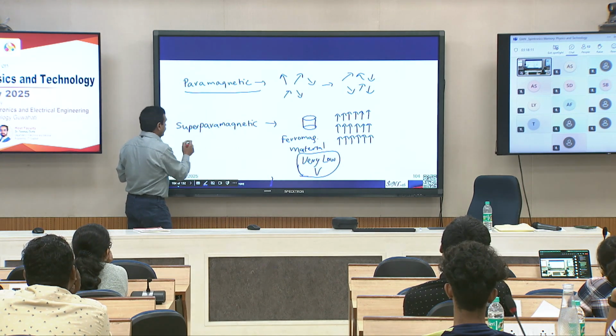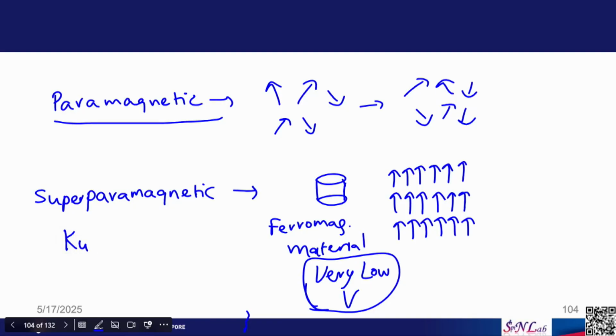When you have ferromagnetic particles, the energy that keeps the magnetization in a certain direction depends on KuV, where V is the volume of the particle and Ku is the anisotropy constant of the material.